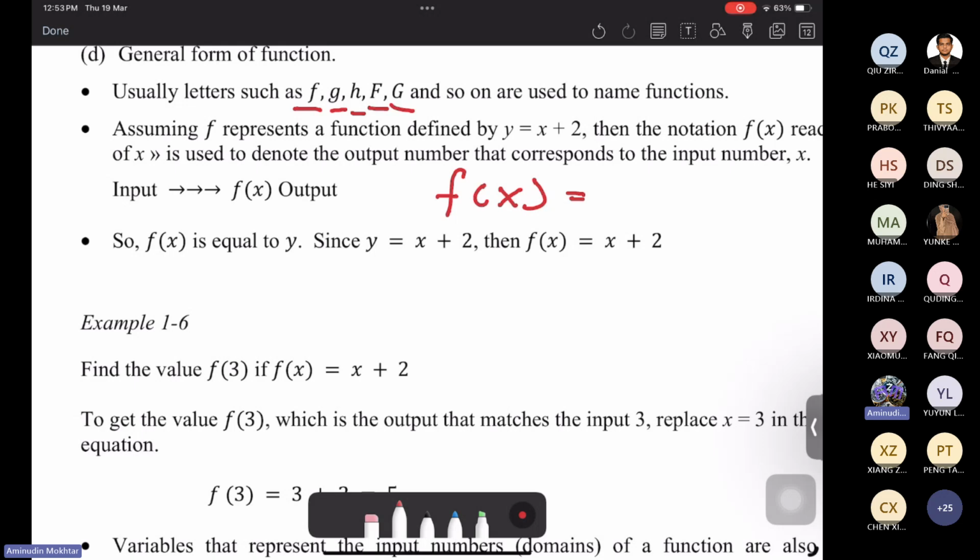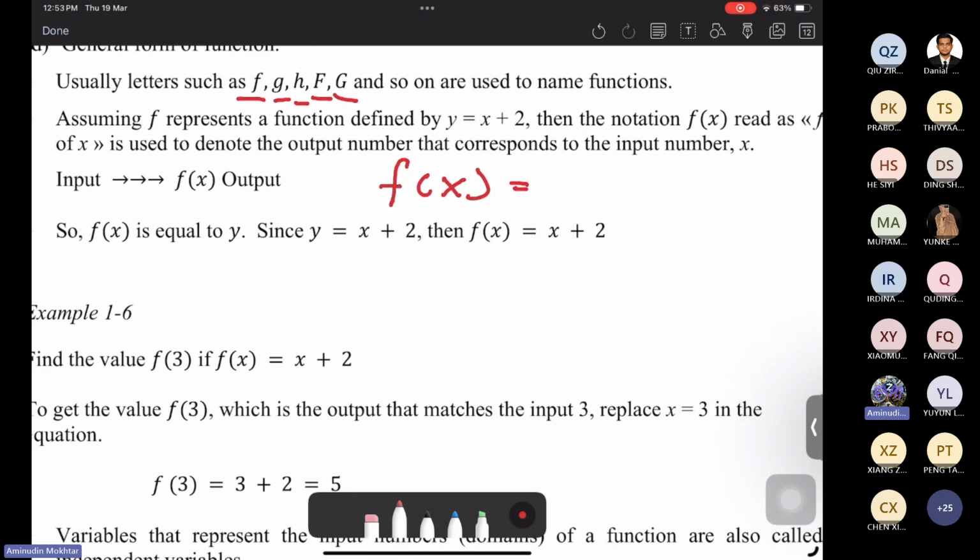So this equation can be written as y equal to x plus 2, or we can also write f(x) equal to x plus 2. The same thing.